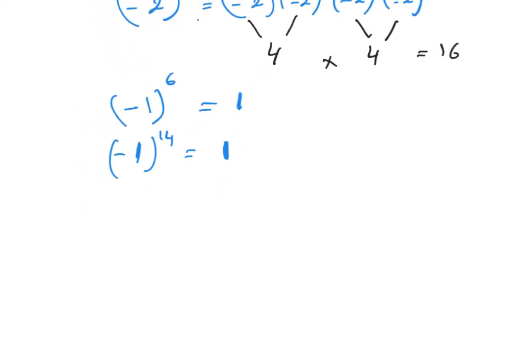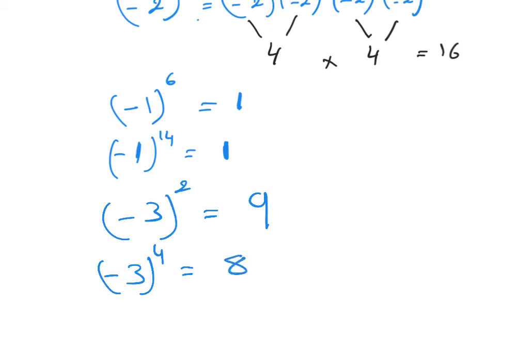If I have negative 3 squared, the answer is positive because 2 is even: negative 3 times negative 3 is 9. And if I have negative 3 to the 4th power, the answer is positive because 4 is even. It's negative 3 times negative 3, four times, and it's going to be 81.